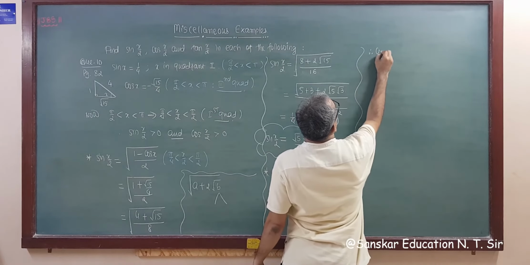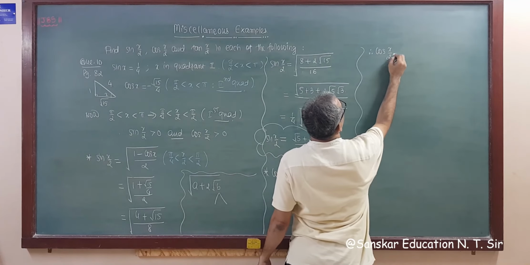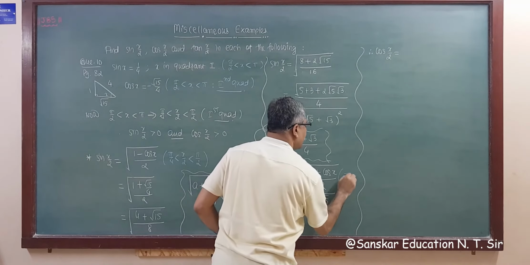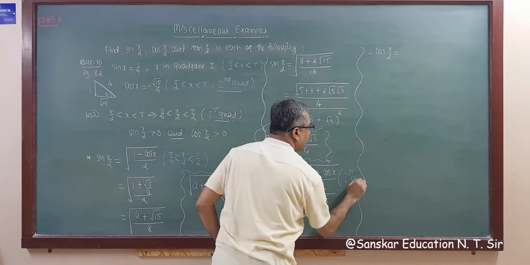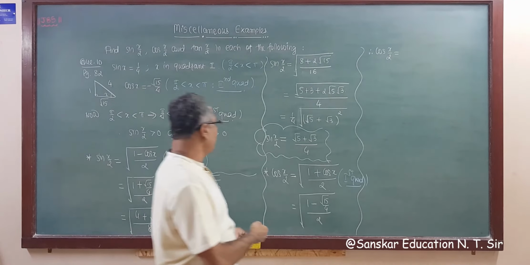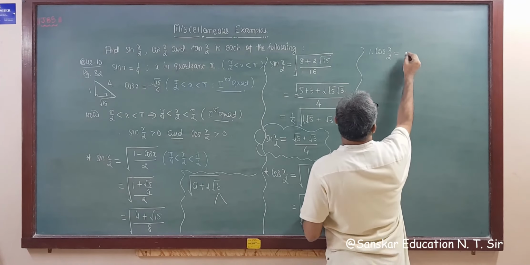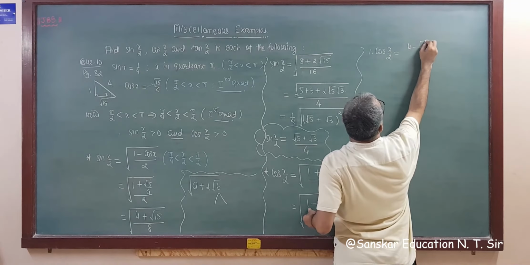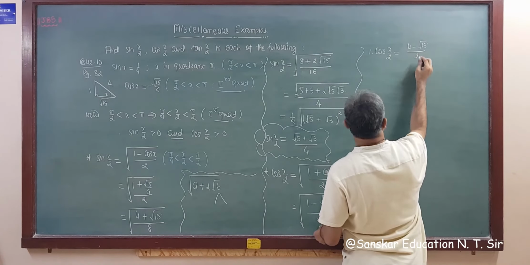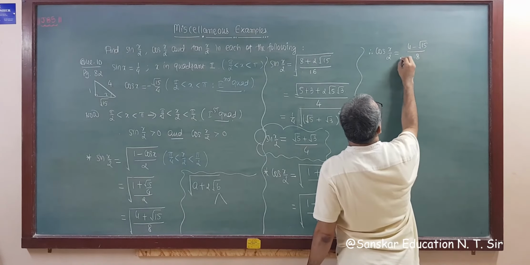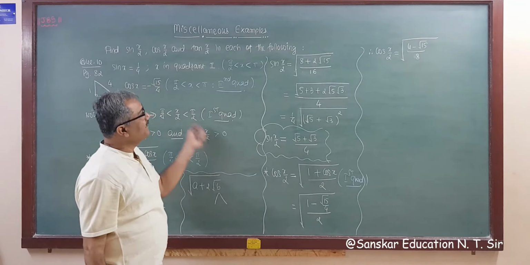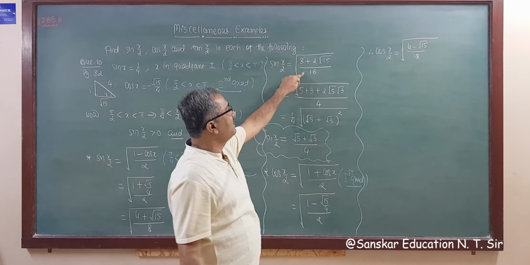So therefore cos x by 2 is equal to, because of the first quadrant, 4 minus root 15 divided by 4 into 2, 8 in square root. Again, same thing, divide and multiply, we get this.